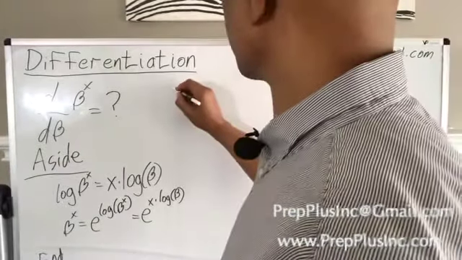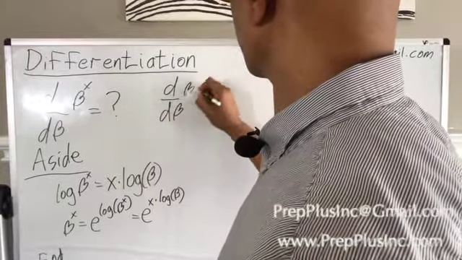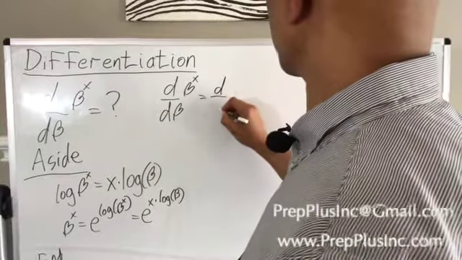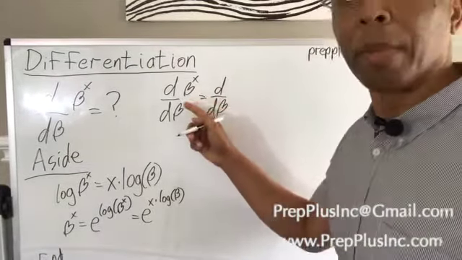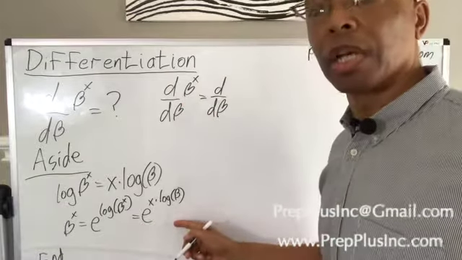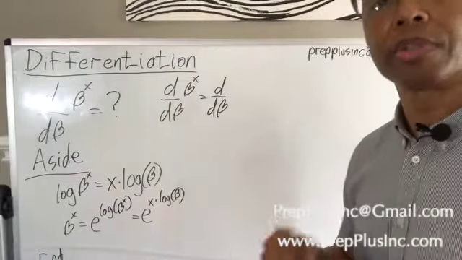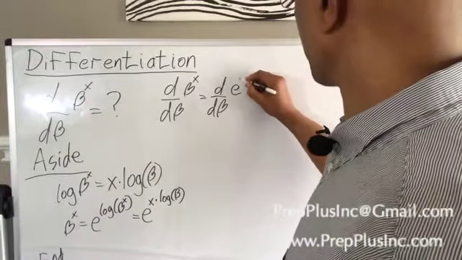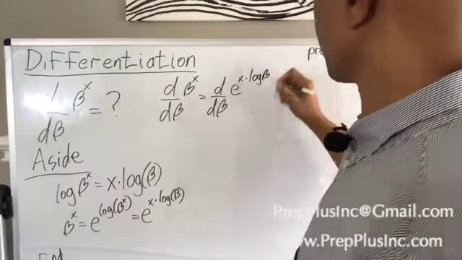So now this means the derivative with respect to beta of beta raised to the x is the derivative with respect to beta. Well, all we've done is rewrite beta to the x using exponents. Because remember, if you see exponents, think exponents. So e raised to the power x times log of beta.